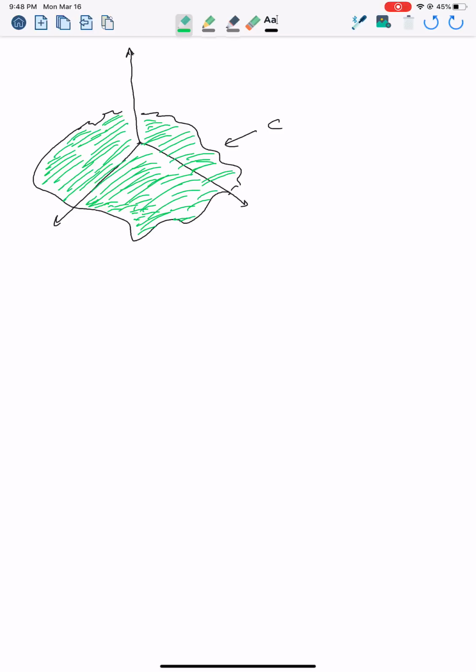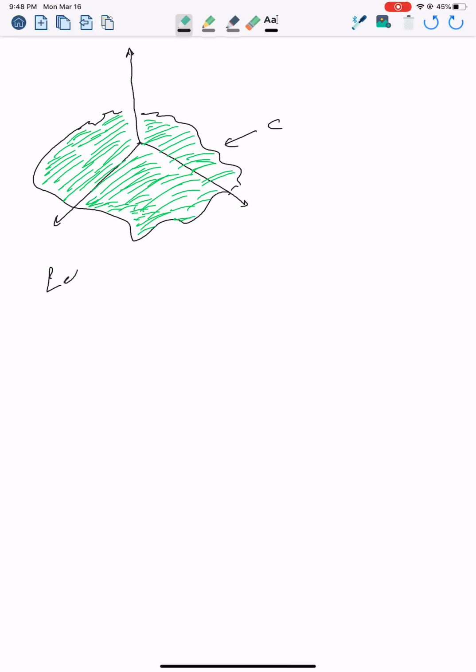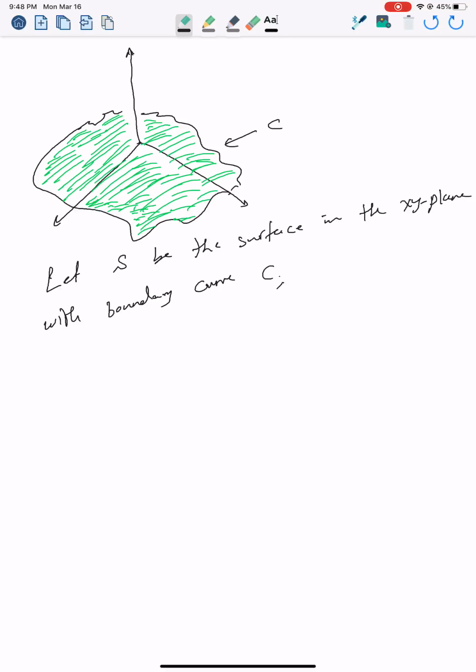Okay, so now what are we doing? Now let S be the surface, the x, y plane, with boundary curve C as shown.